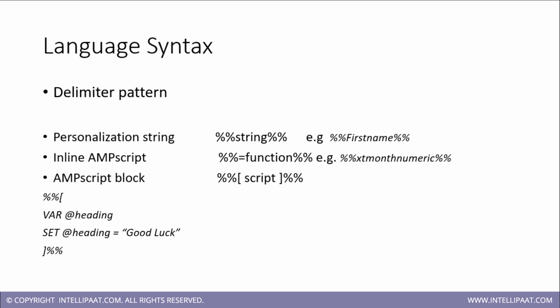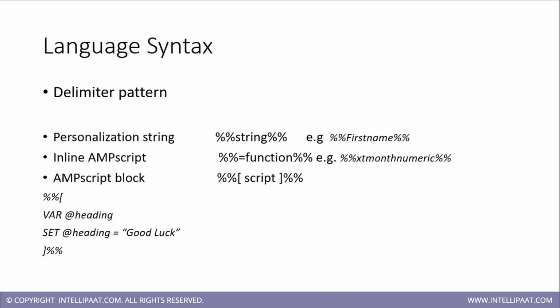You put text to lowercase, uppercase, you do some formatting on the currency. So you're basically transforming the data. Another one is doing mathematical operations: add, subtract, multiply. All these mathematical operations are also supported. That is another category of your AMP script functions.